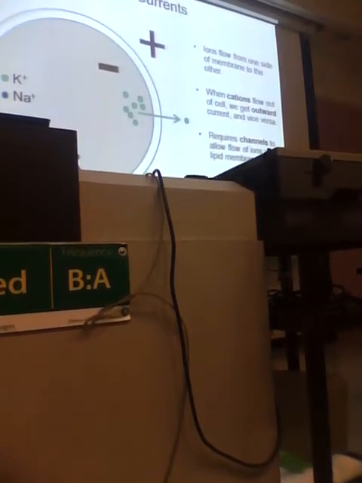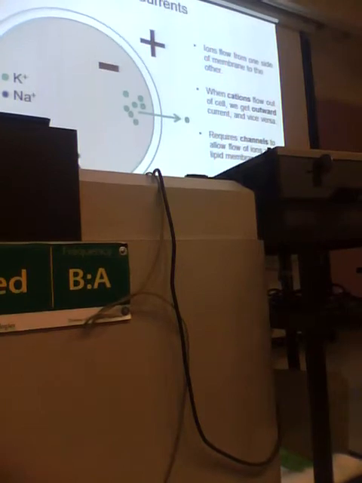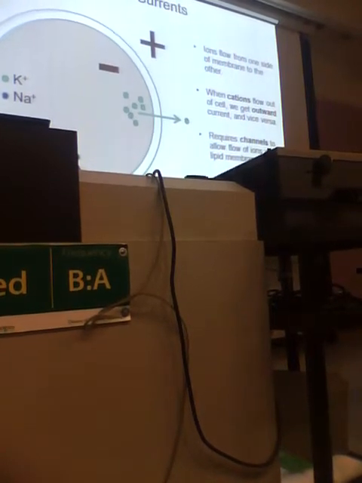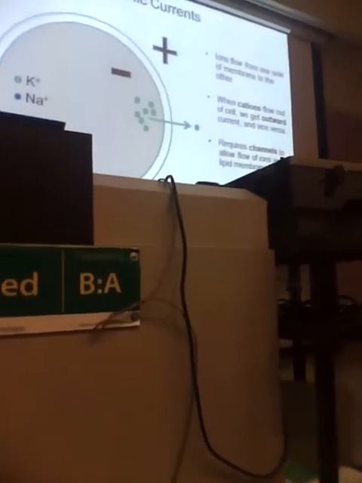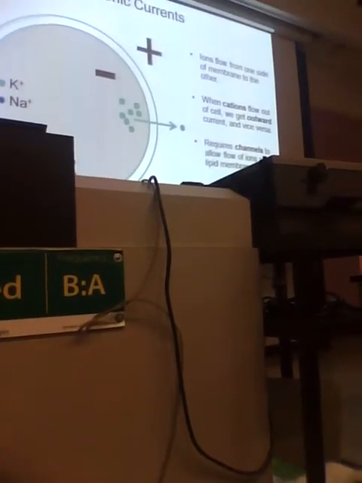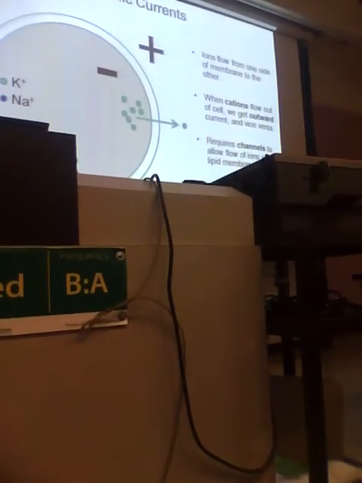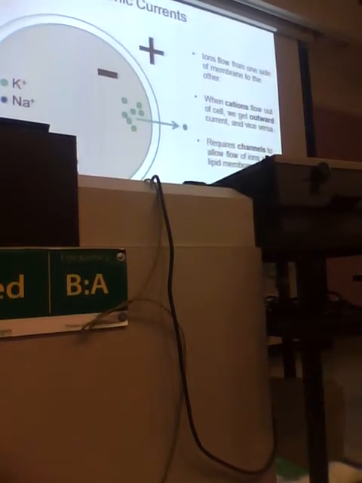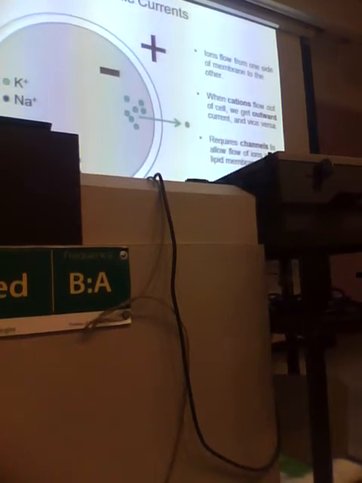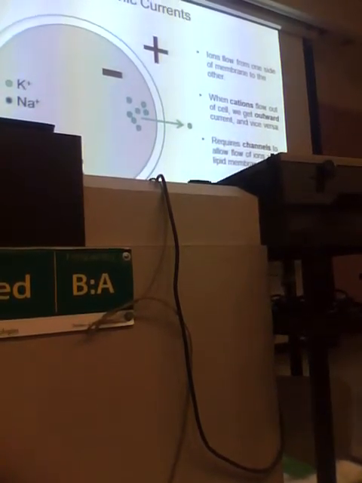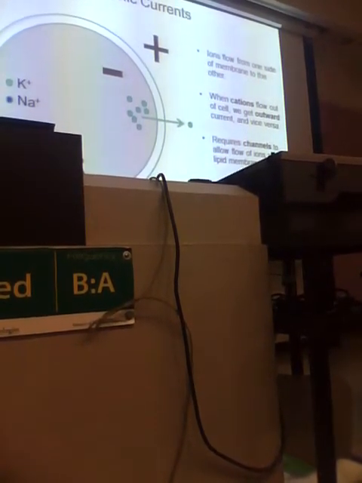And in electrophysiology, we talk about ionic current, which is not the same as electron flow as in physics. In electrophysiology, all current flow occurs as a result of the flow of ions. And when positively charged ions flow out of the cell, we get an outward current, and vice versa.